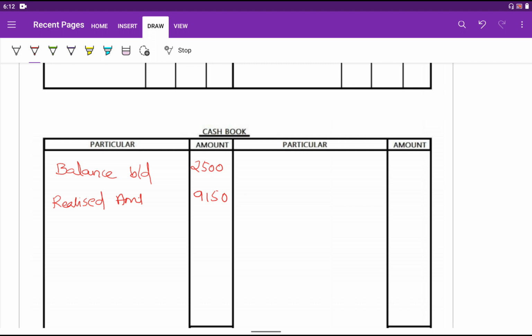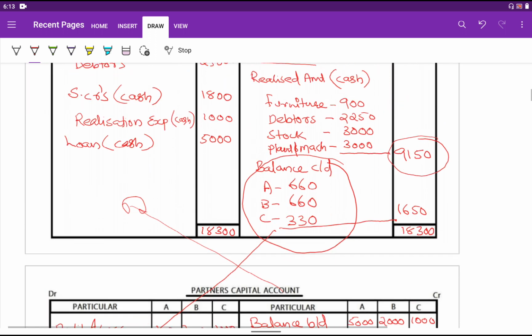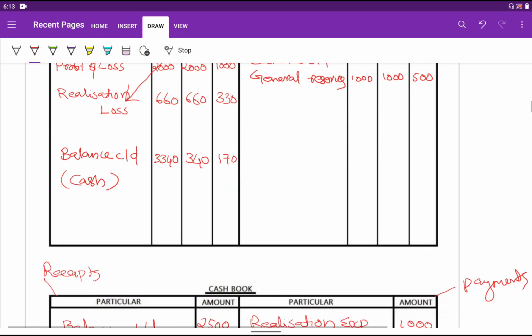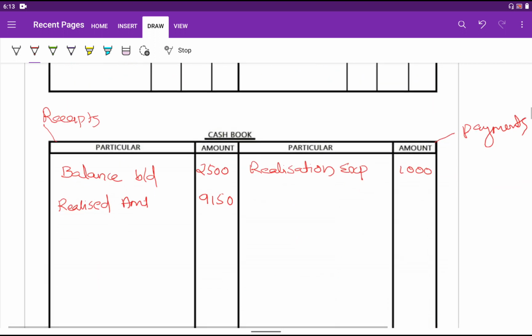This side we will write all our receipts, and this side we will write all our payments. So whatever money we received from the second hand market, we will write on the debit side. And whatever payment we made, the realization expense we made. 1,000 is the realization expense, so that we will write on the credit side.